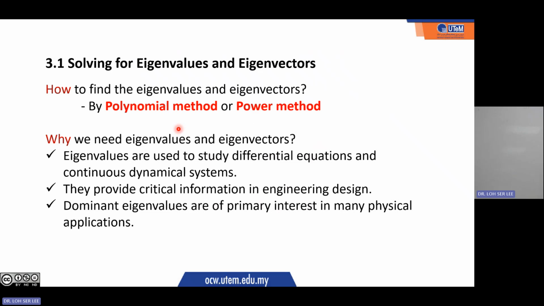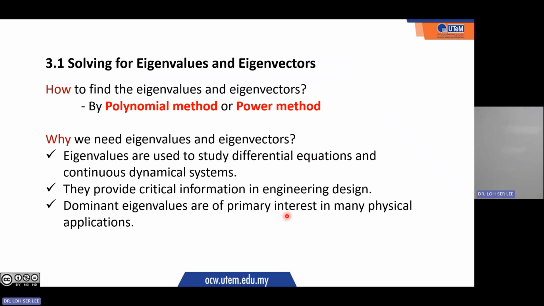Why do we need eigenvalues and eigenvectors? We need them to study differential equations and also continuous dynamical systems, because they provide critical information in engineering design. Normally, dominant eigenvalues are the primary interest in many real-life applications.